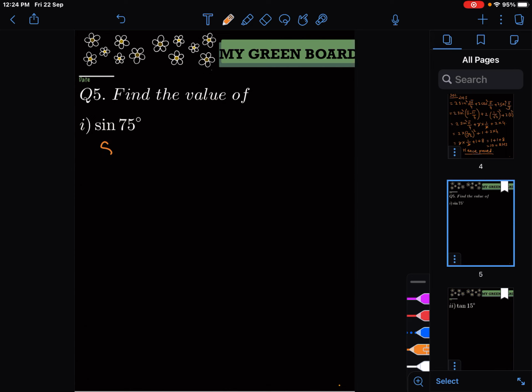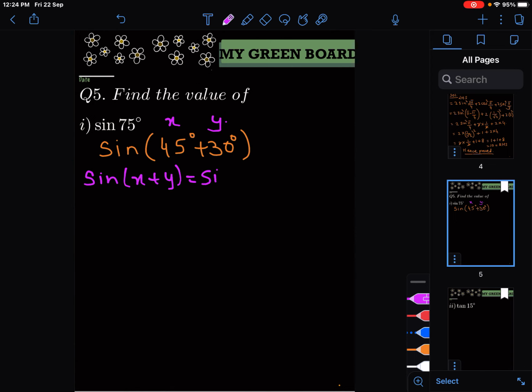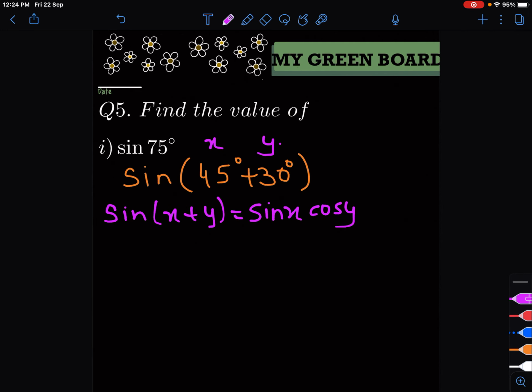So we can write sine of 45 degree plus 30 degree, so we are getting 75 degree. Let's take these values as x and y. You know the formula of sine of x plus y, equal to sine x cos y plus cos x sin y. You know this?